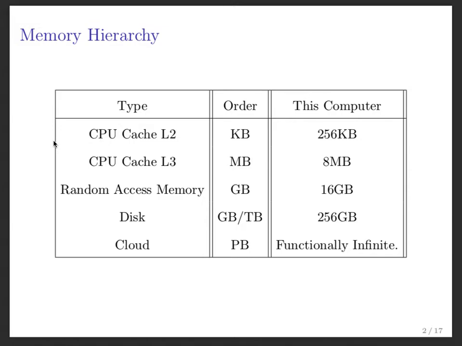Moving one back, who has a computer? What is the hard drive capacity of your computer? 512. So here we have 512 gigabytes. You must have a solid state device. Typically, right now, if your computer has an SSD, do you know what the difference between a solid state device and a hard drive is?